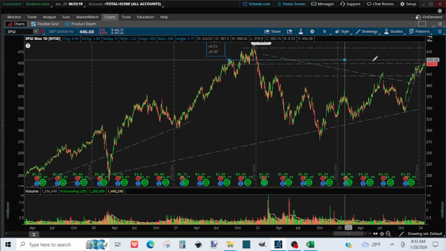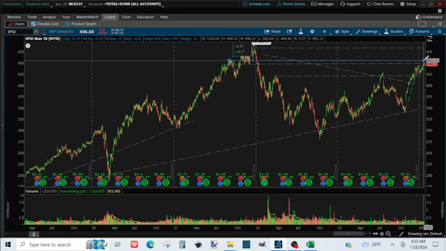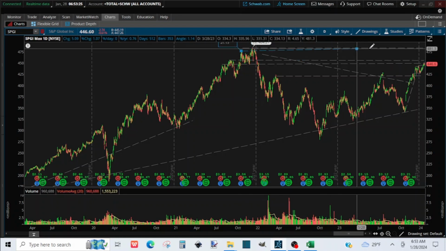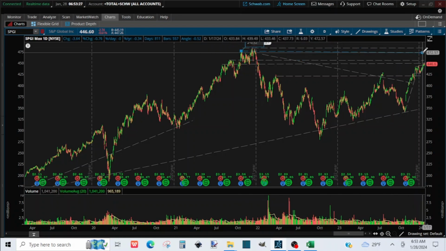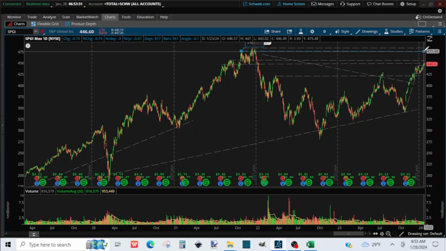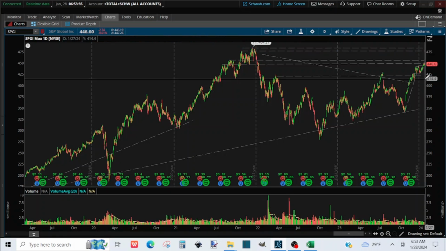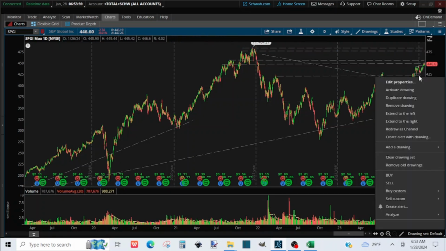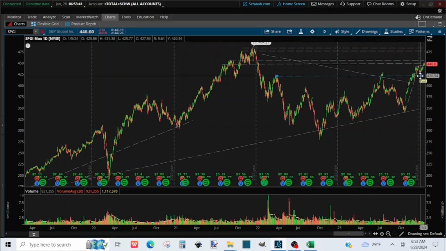We have another one. We have another small one there. And then the tallest one that we saw from the monthly chart. So let's get close again to see. Let me extend this one.